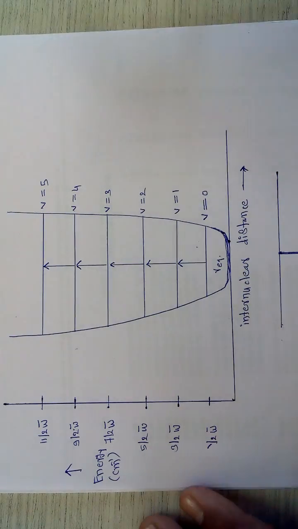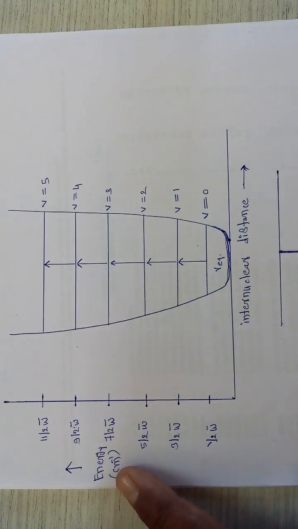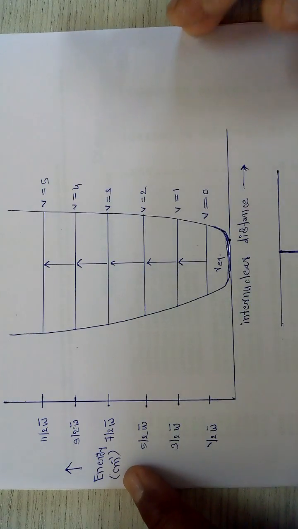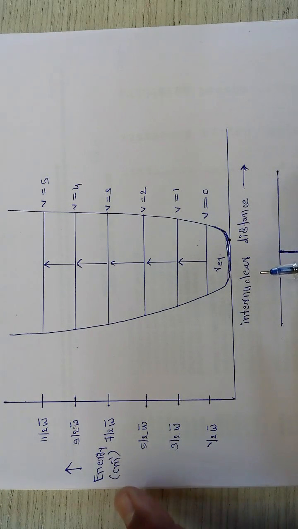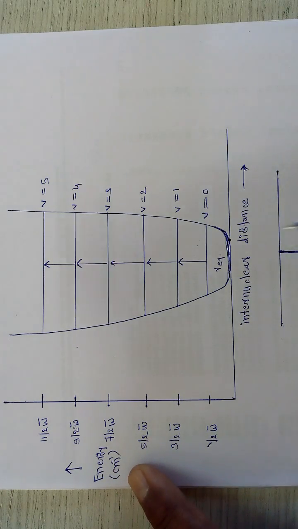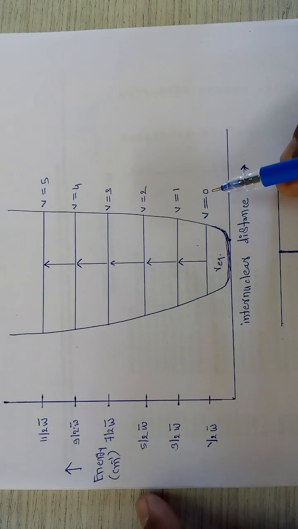So what do we have to consider in this figure? We have to consider the respective energy of the different vibrational energy levels versus the internuclear distance. If we plot such a graphical representation, that is internuclear distance versus energy in per centimeter, we get such a nature for the different values of vibrational quantum number.